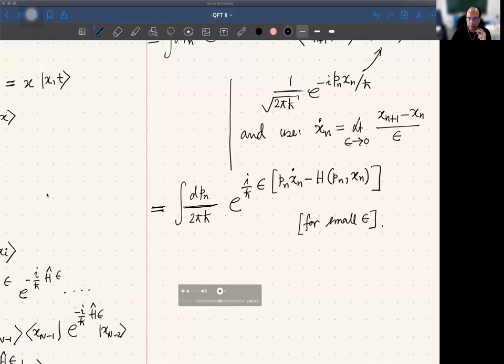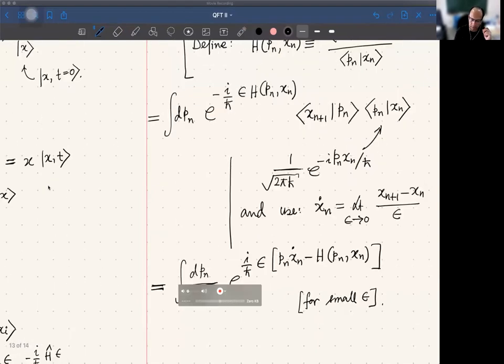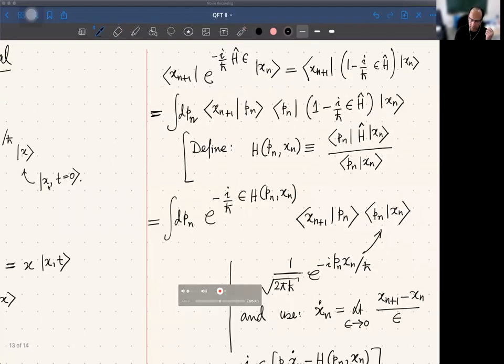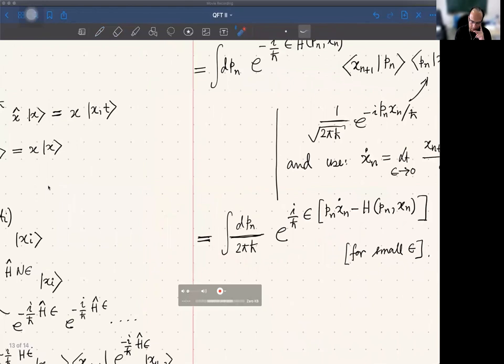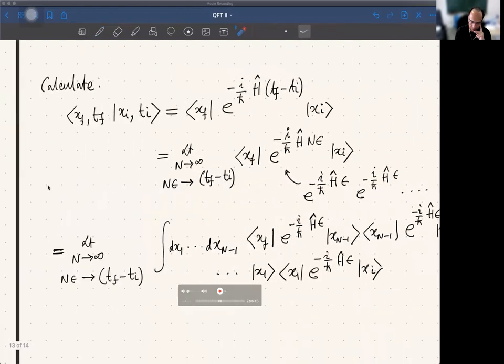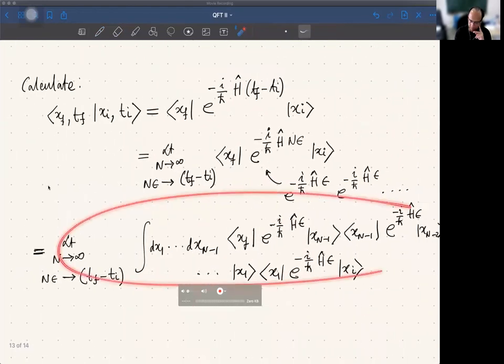That is the result, and we use it for this matrix element back in the expression above.